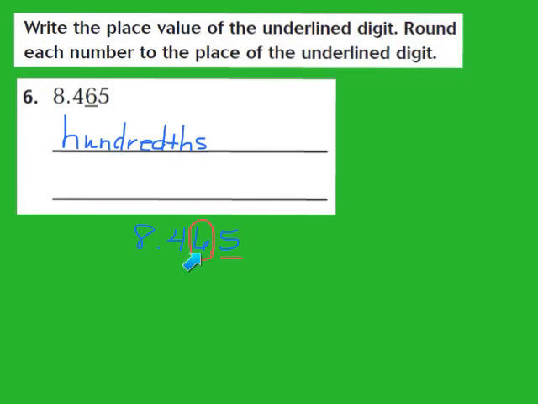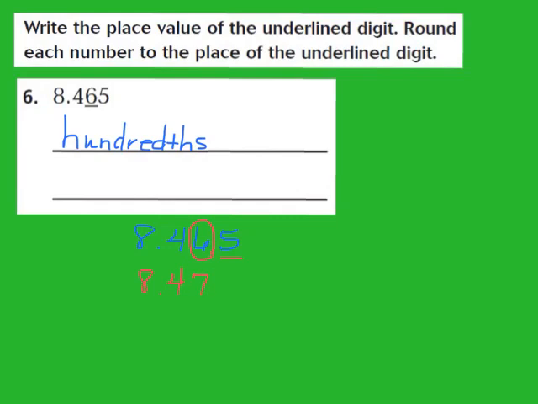So to my 6, I'm going to add 1, and I know that 6 plus 1 is going to give me 7. So I'm going to rewrite what's given here, which is 8. Let's write this down. I have my 8, and then I have my decimal and my 4. Well, once again, that 5 says I have to increase my 6 by 1. And once again, 6 plus 1 is going to give me 7.